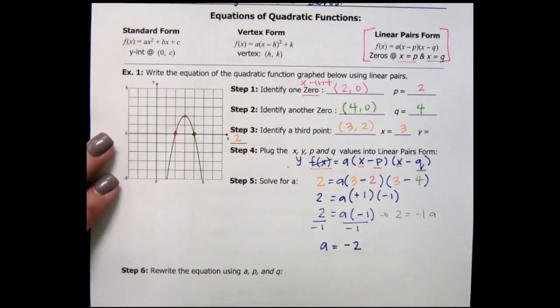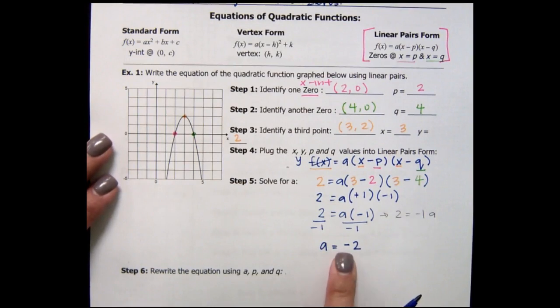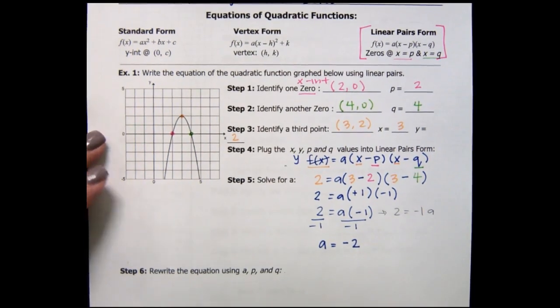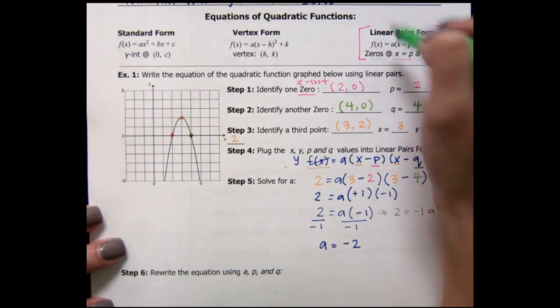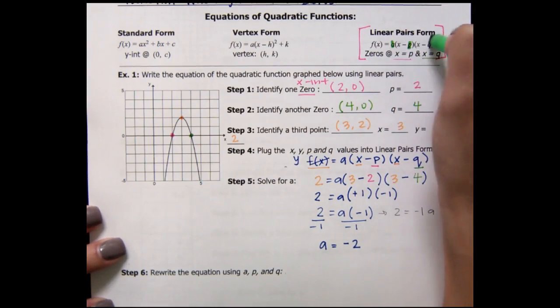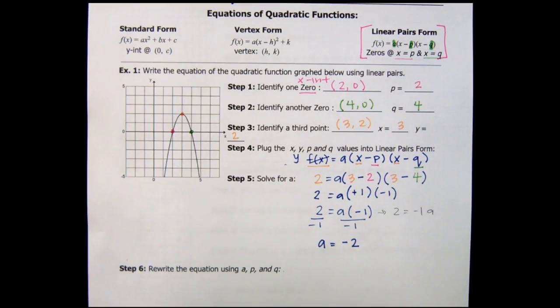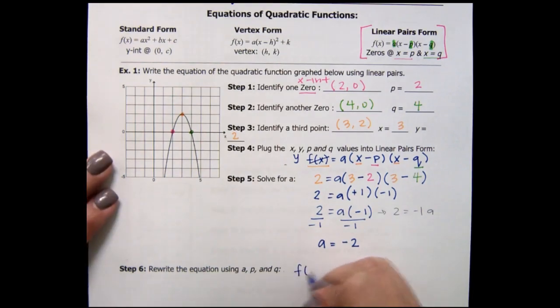Now, once you find negative 2, you're not done. The last step, we have to rewrite the equation using a, p, and q. So back up here at the top, in this linear pairs form, we're going to replace a, p, and q in our final equation. Everything else that I did not highlight is going to stay the same. So I will have f of x equals a, we already found, so that is negative 2.